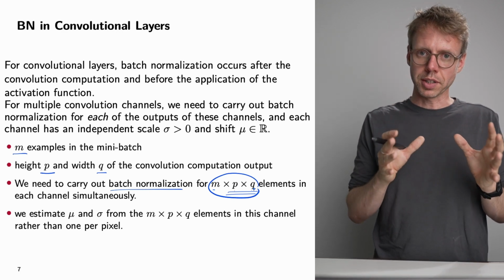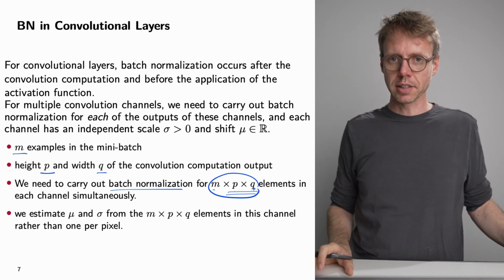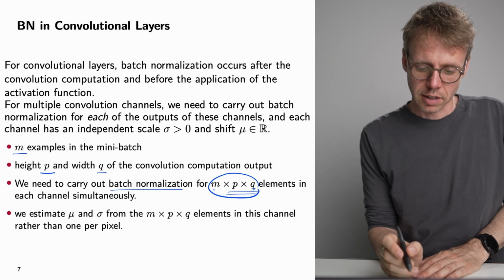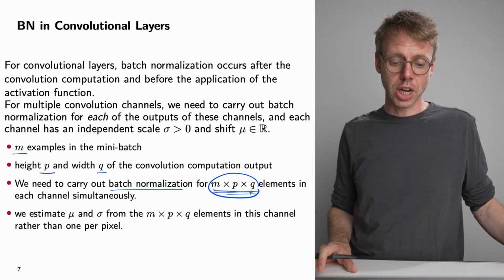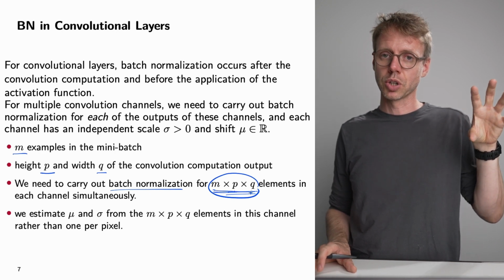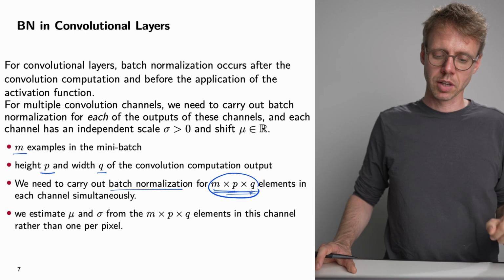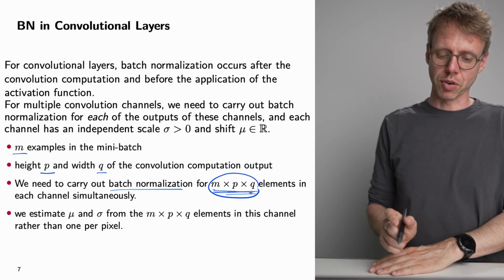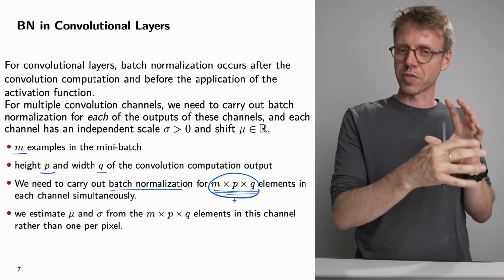Now, of course, convolution typically has multiple output channels, and if you see here, these dimensions do not contain the number of channels. That is because we would typically apply batch norm for each channel separately. So if we have additionally a number of channels, that would be an additional dimension of this output tensor.